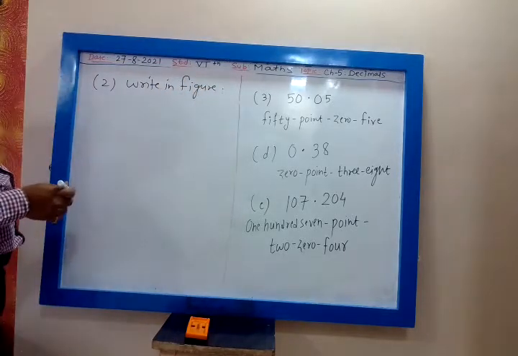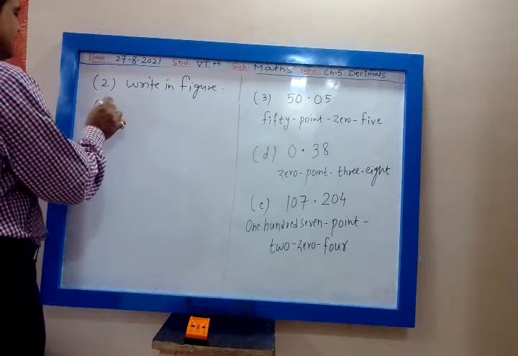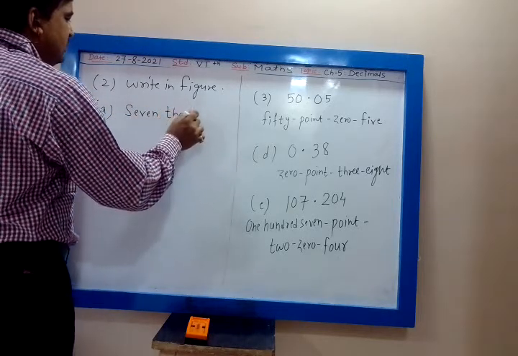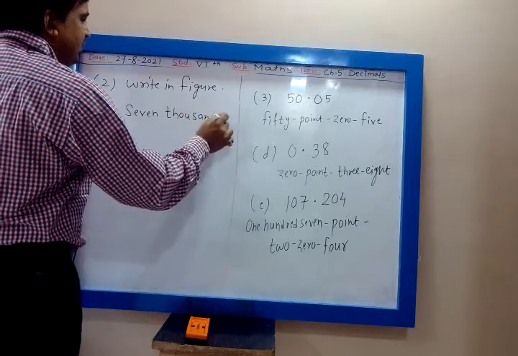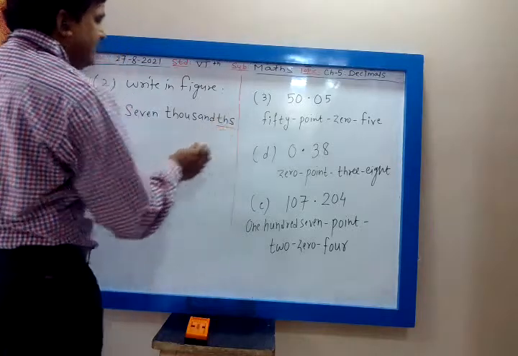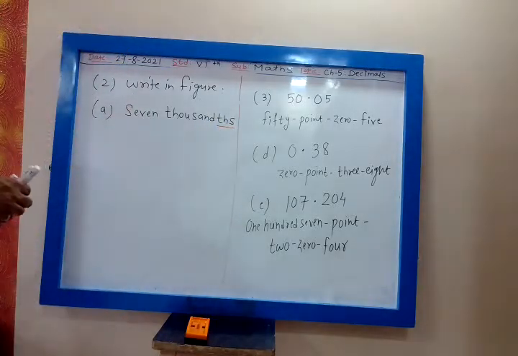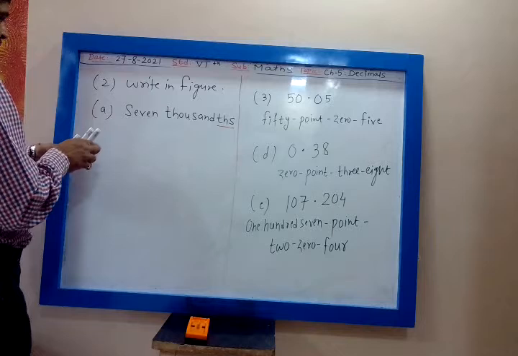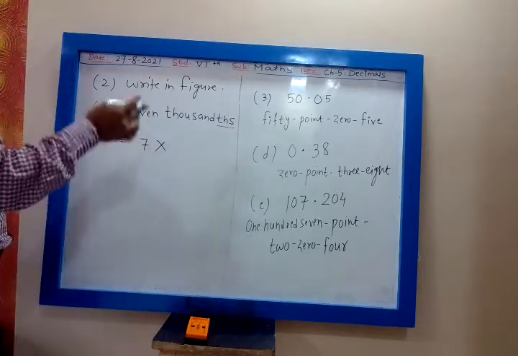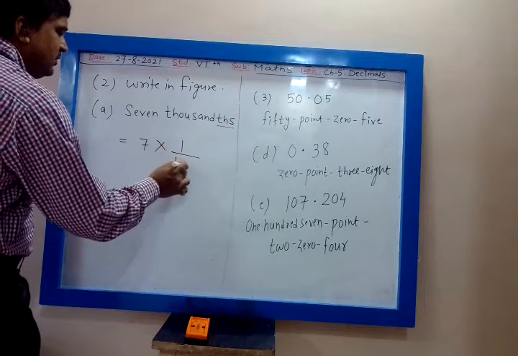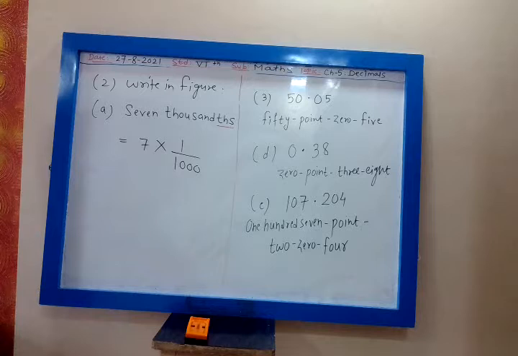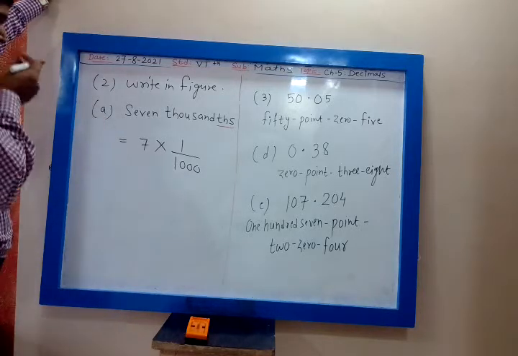First it is 7 thousandths. What is the suffix used there? THS suffix is there. You have to see the suffix. THS means multiply by the place value. So this is 7. Then what is the place value of thousandths? 1 upon 1000. Now see this part.